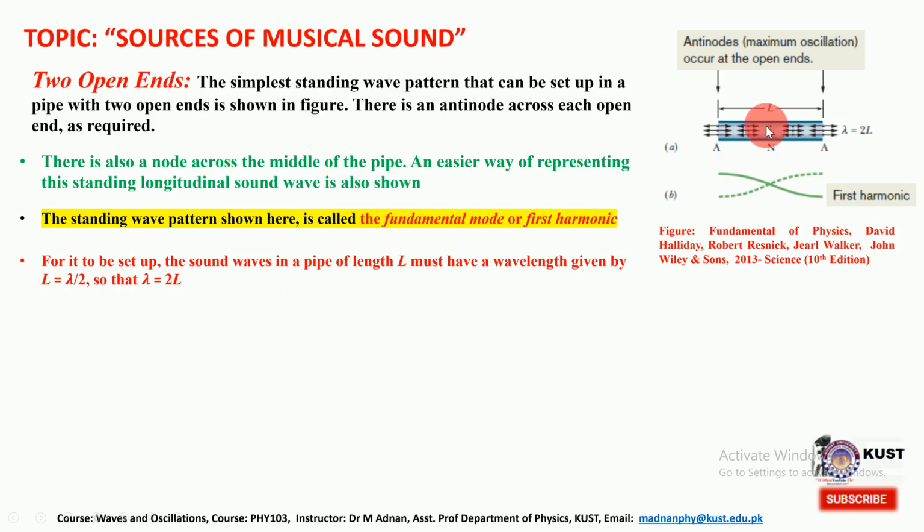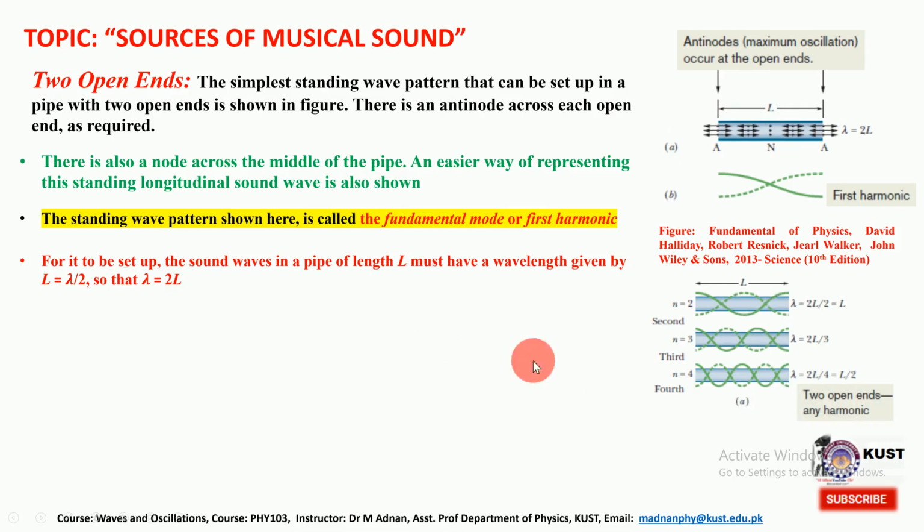So this is equivalent to L. So L is equal to lambda by 2 because at the two far ends we have antinodes. So this lambda comes out to be 2L, such that the wave which is traveling will have a wavelength equal to half lambda inside.